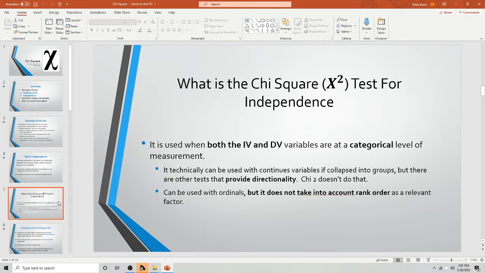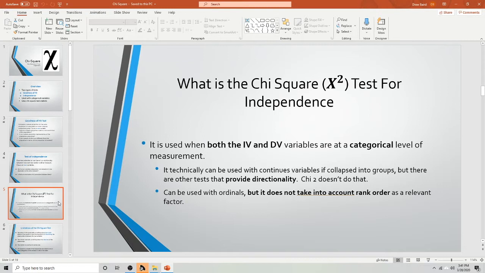Since it doesn't show directionality, let's say you show that divorced people do declare bankruptcy at a much higher rate. Is it the bankruptcy that's causing more people to get divorced, or people who are getting divorced declaring bankruptcy? You don't know that from a chi-square test. So that's a pretty substantial limitation.